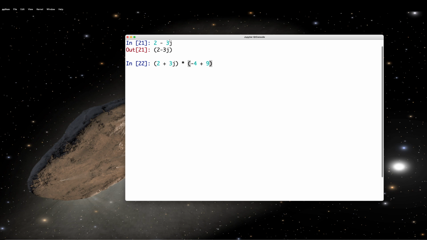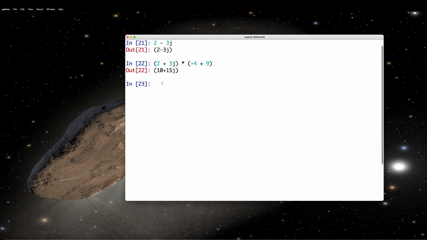What will happen is we are going to multiply elements of the first part by the elements of the second part, and that gives us our answer as 10 plus 15J.